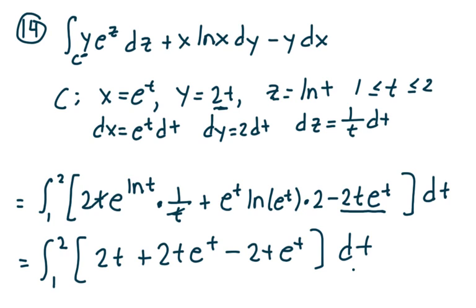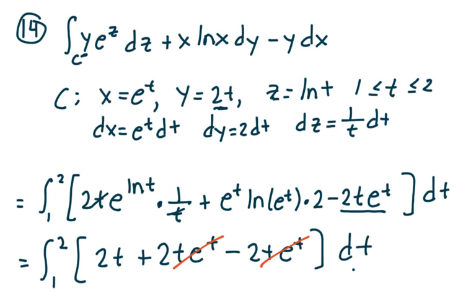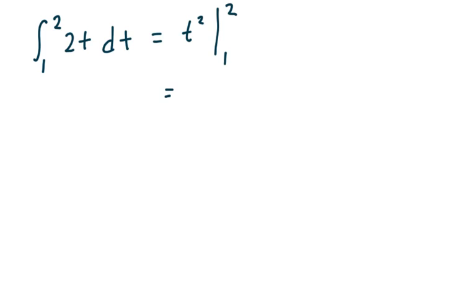So this simplifies really nicely because notice how these terms cancel. And so we're just integrating from 1 to 2 of 2t dt. And so this is t squared, evaluated from 1 to 2, which is 4 minus 1, which is equal to 3. Remember, 2 squared is 4, 1 squared is 1. And by the fundamental theorem of calculus, you got to subtract those.